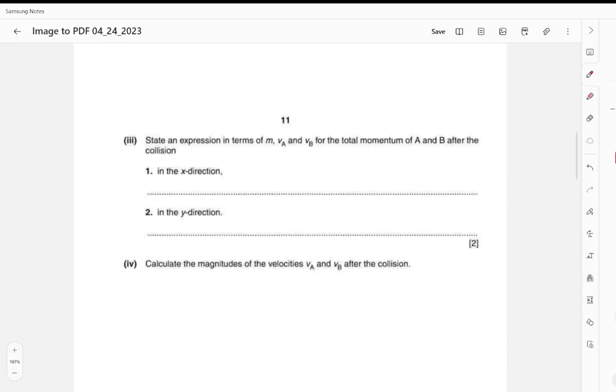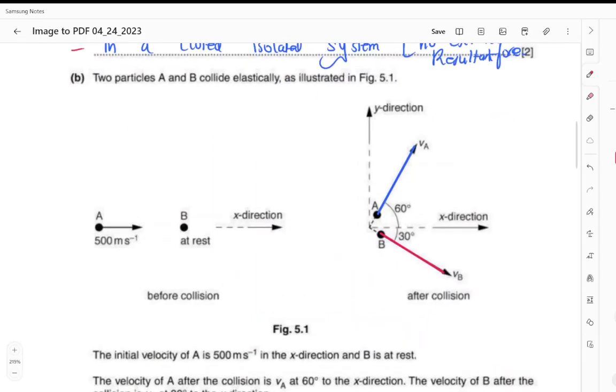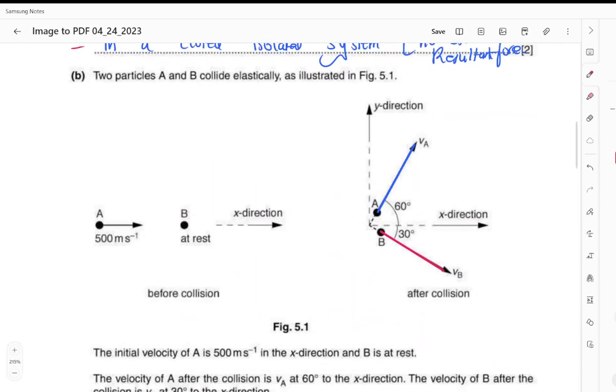Next step. State an expression in terms of m, VA, VB for the total momentum of A and B after the collision in the x direction. After के लिए लिखना है ना, expression बनानी है in terms of the x direction. So we have to go back to the diagram. Afterwards we are going to be resolving these momentum in this direction.